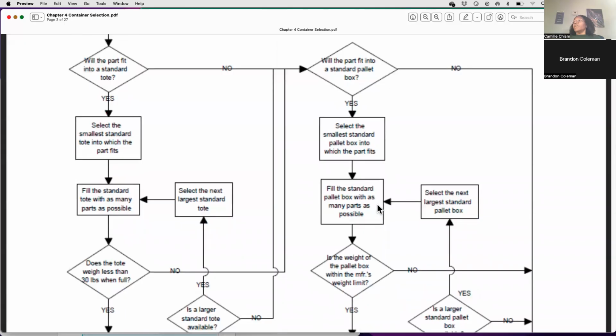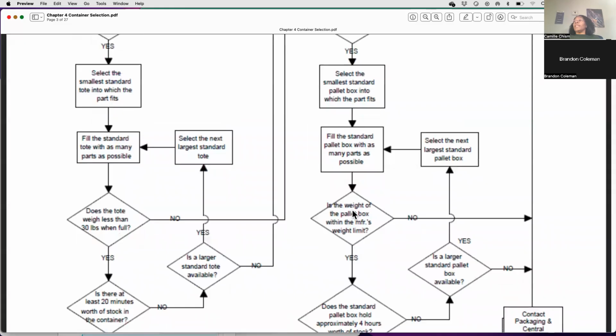So you're doing the same thing where you're filling that with as many parts as possible. And instead of the weight being 30 pounds for a handheld, which is going to be a constraint for a worker physically, the constraint for the bigger pack is going to be the weight limit that the actual container can hold, based on what the manufacturer has rated it for, what they've tested it for, and what they've designed it for.